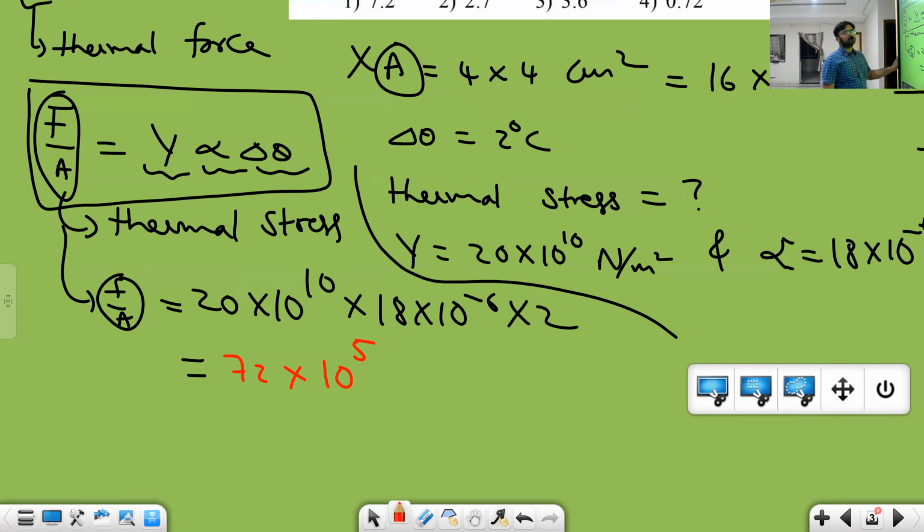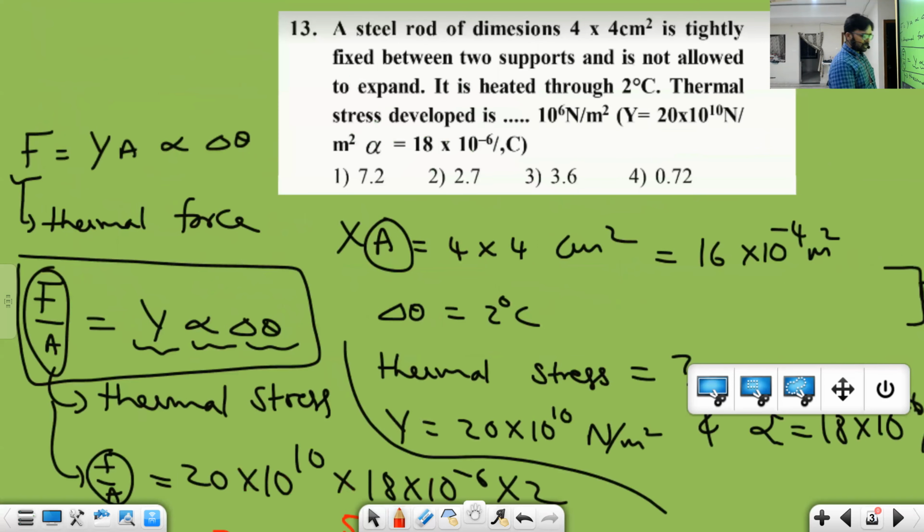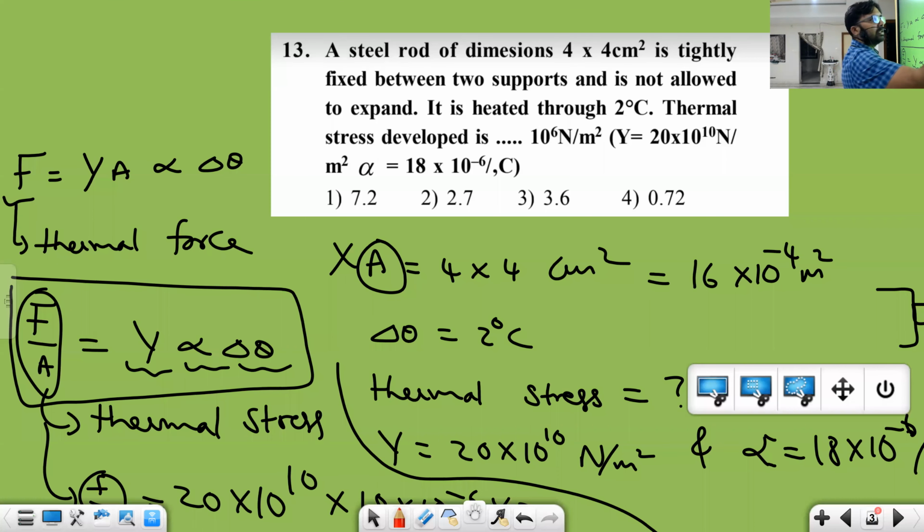So I got 72 into 10 power 5, and it is stress, so Newton per meter square. Okay, but we have to check the options. In the options, they asked us to find in 10 power 6 Newton per meter square. So the answer they want is in terms of 10 power 6 Newton per meter square.